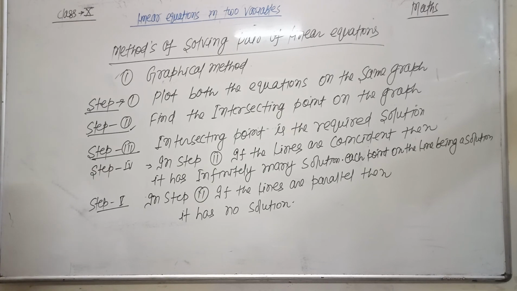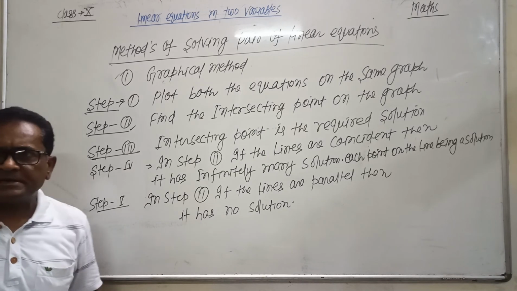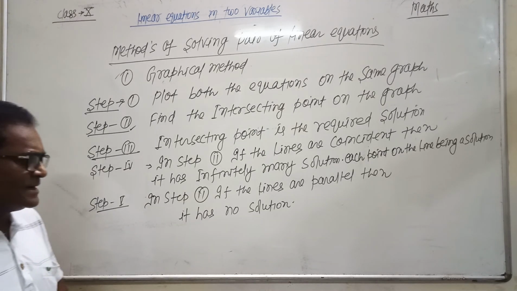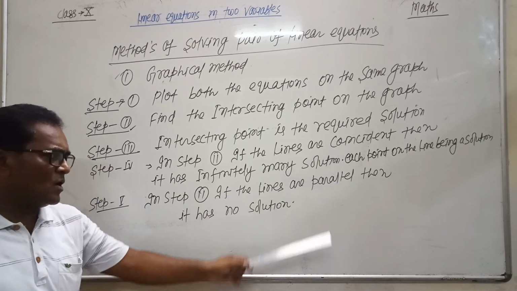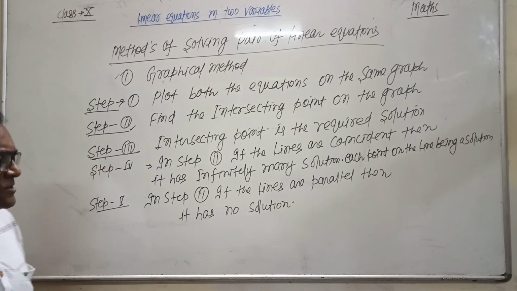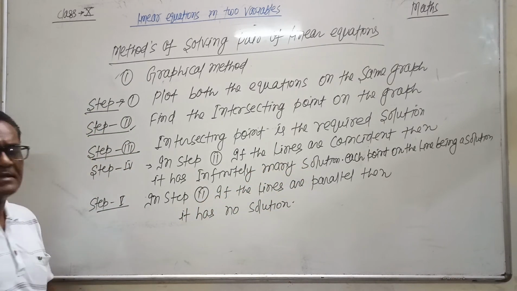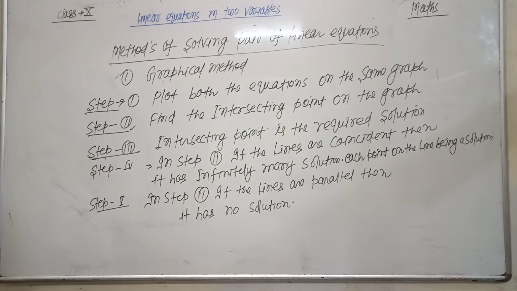If the lines do not intersect, then two cases arise: either they are coincident or they are parallel. If the lines are coincident, then it has infinitely many solutions, and each point on the line is a solution of the equation.